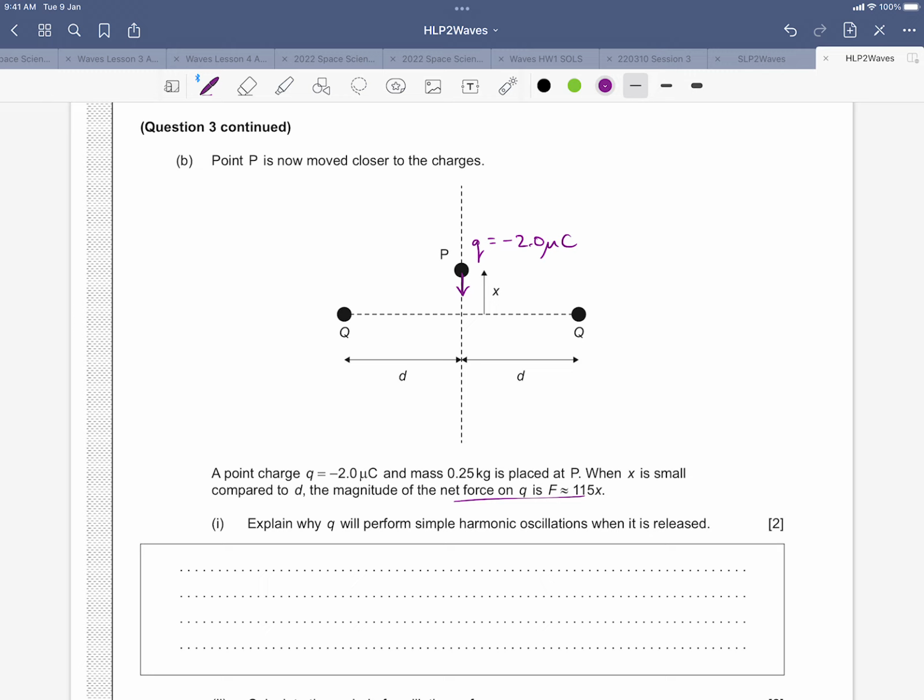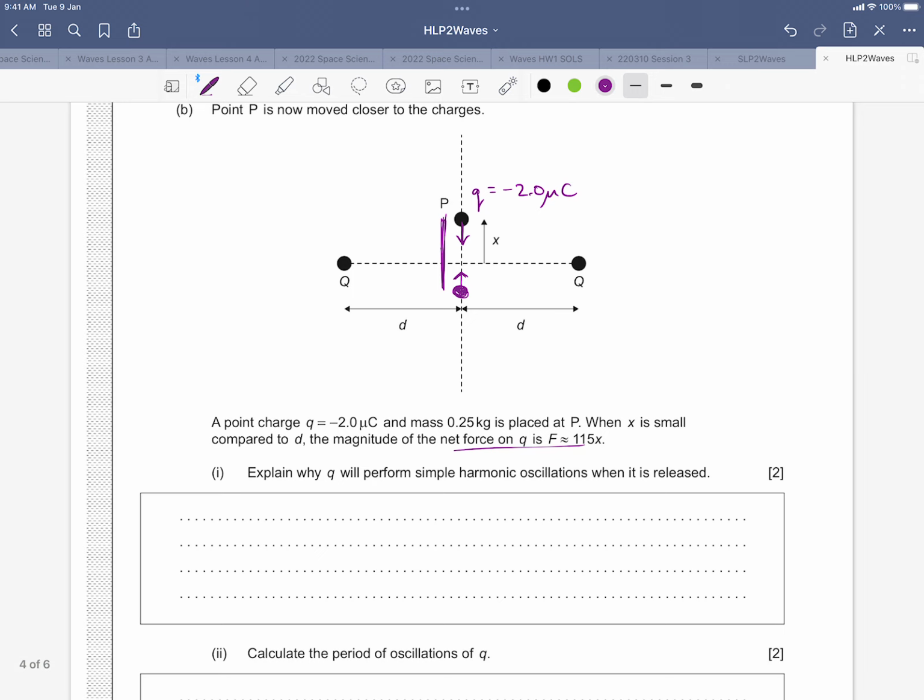Well, you can see because force is proportional to the displacement, and it's also going to be opposite because the electric force is always going to be pointing towards the equilibrium when x is 0. So even if it goes below the horizontal, then because these are two positive charges, it's going to get attracted upwards again. So it's going to be oscillating up and down here.